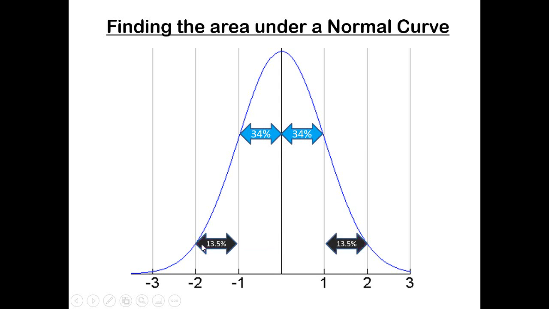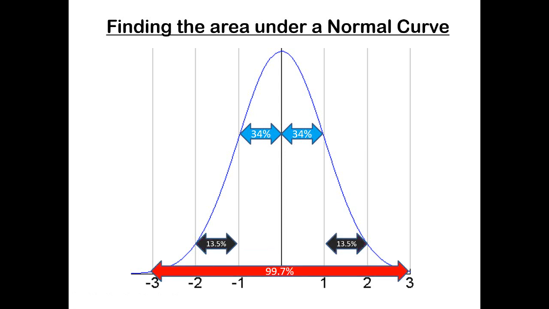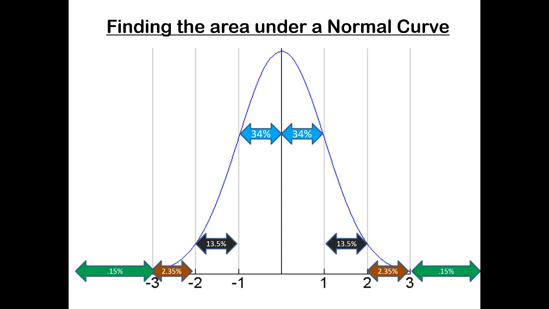Remember, it's symmetric. Well, that would be 13.5%. For between 2 and 3 standard deviations, we find that it's 2.35% of our data. And beyond 3 standard deviations, we find that it's 0.15% of our data. Okay? So that's 0.0015 if you're writing it as a decimal.